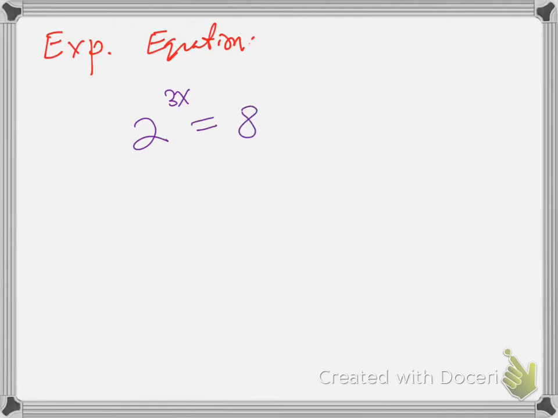So the second part of today's lecture is the exponential equation. Let's look at our first example: 2 to the 3x power is 8. Solve for x. What's the key idea to solve this kind of equation? Change both sides to the same base.